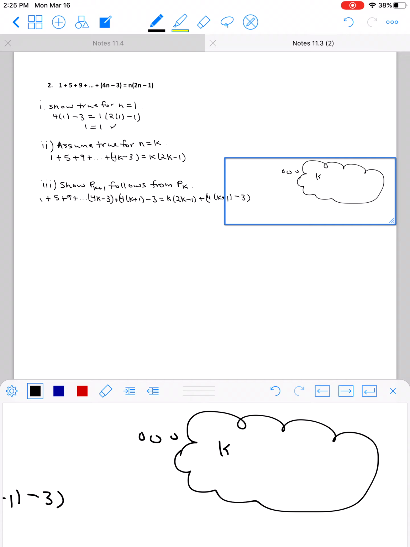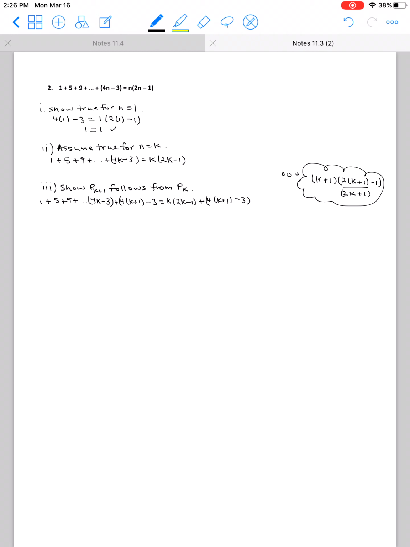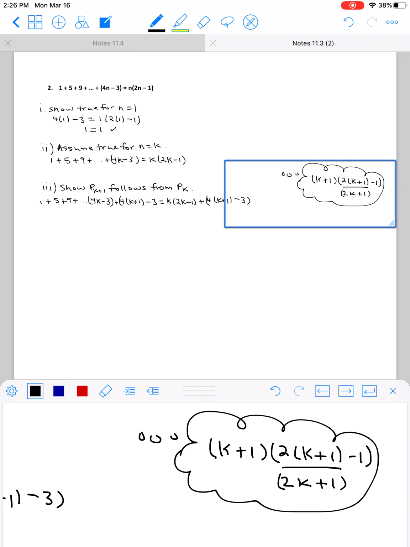I want it to look like k plus 1 on the outside, substituting that, and then I want it to look like 2 times the quantity k plus 1, and then minus 1. That's what I want it to look like. And then really this part right here could be disguised as 2k plus 1. All right, so let's see if we can mess with this just a little bit.